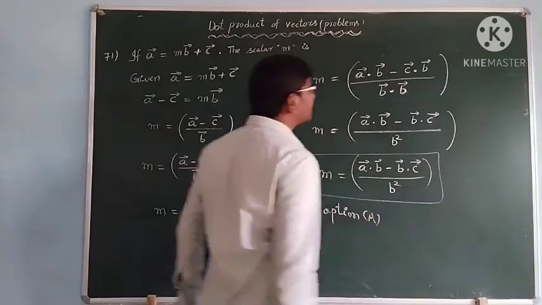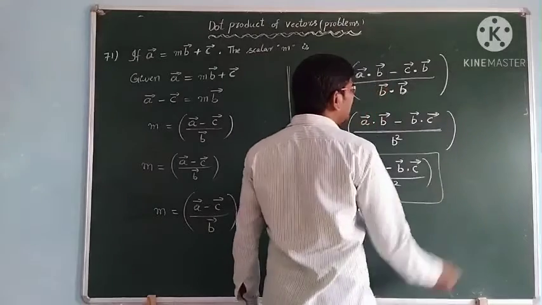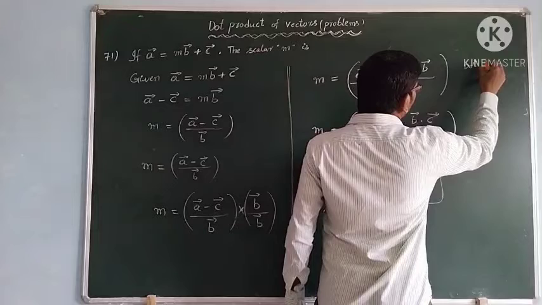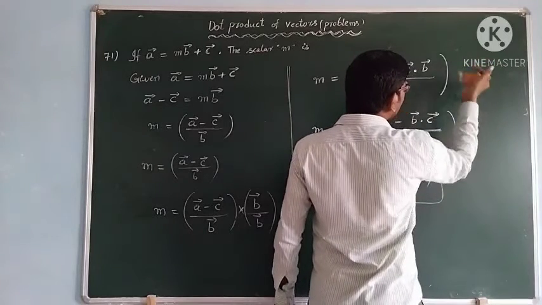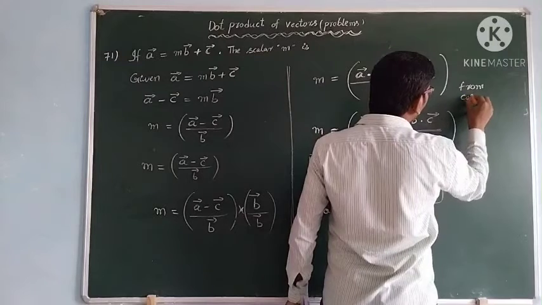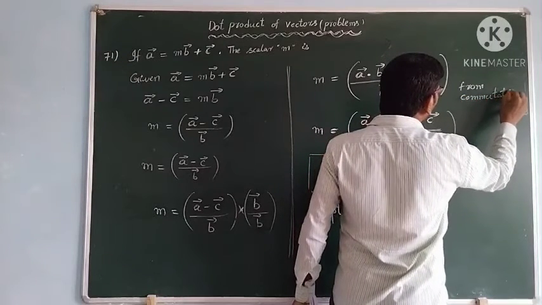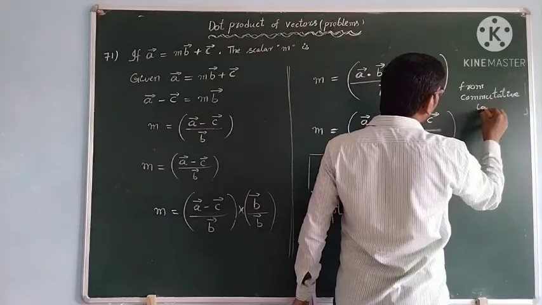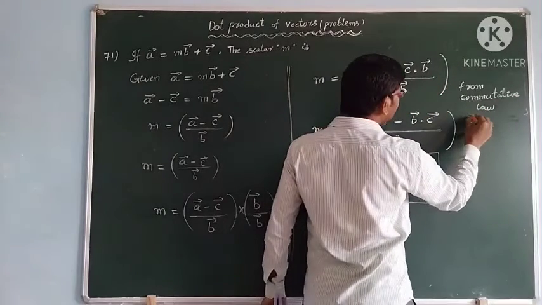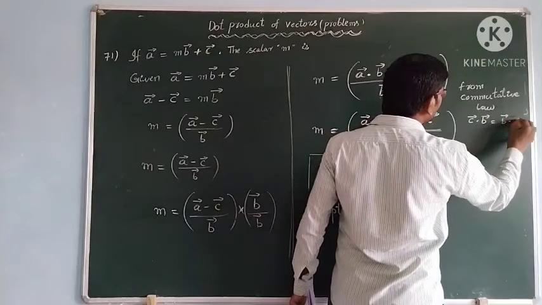Option A is correct. And from the commutative law, dot product is commutative. So from the commutative law, c bar dot b bar is equal to b bar dot c bar.